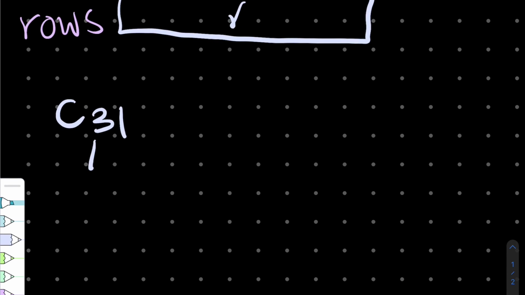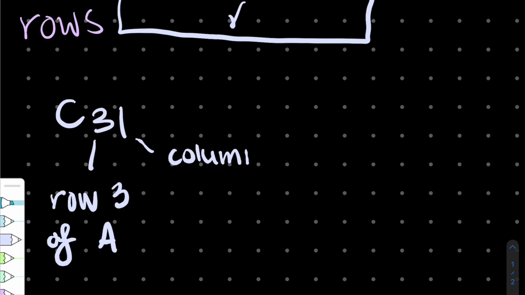This says, right, because the first number is the row we're looking in of A, and the second number is the column we're looking in of B. So this tells us that we're going to look in row 3 of the first matrix, and this tells us that we're going to be in column 1 of B.